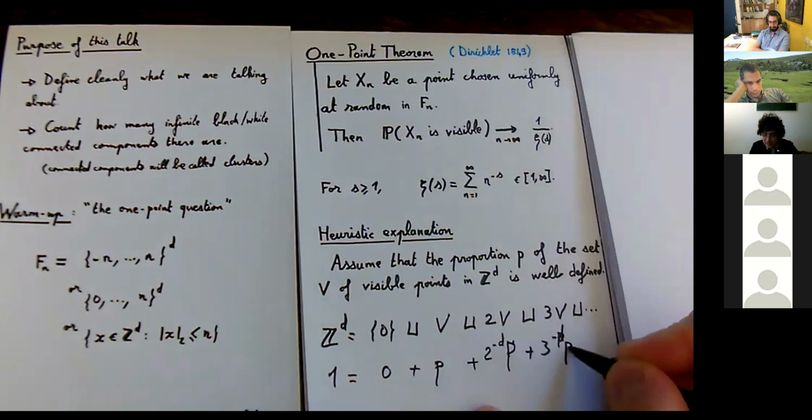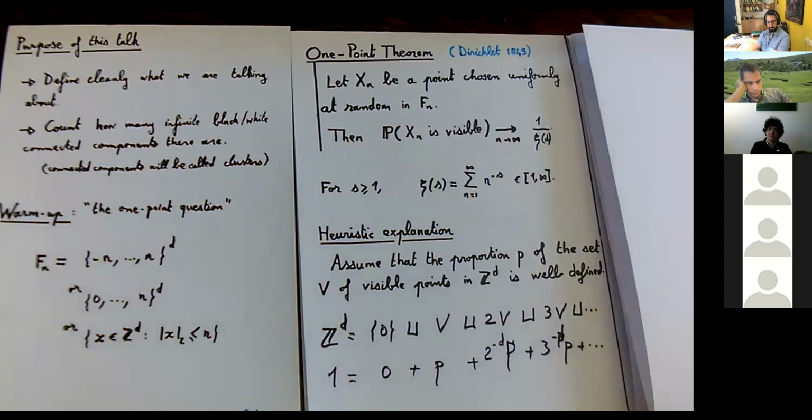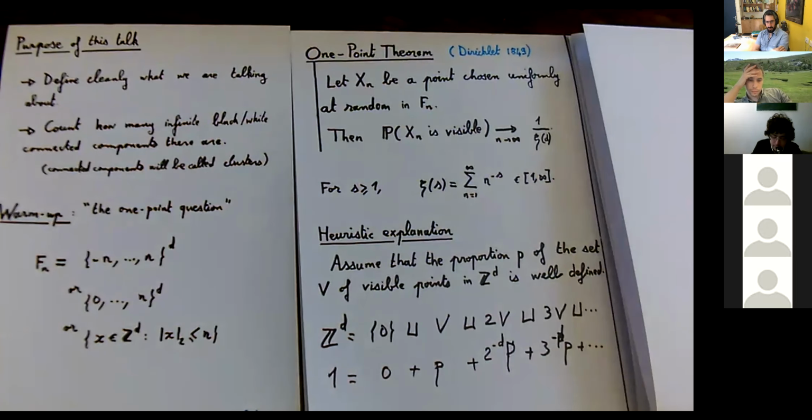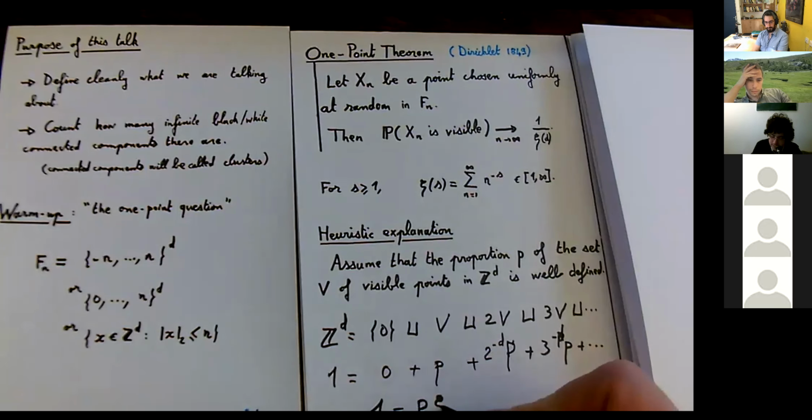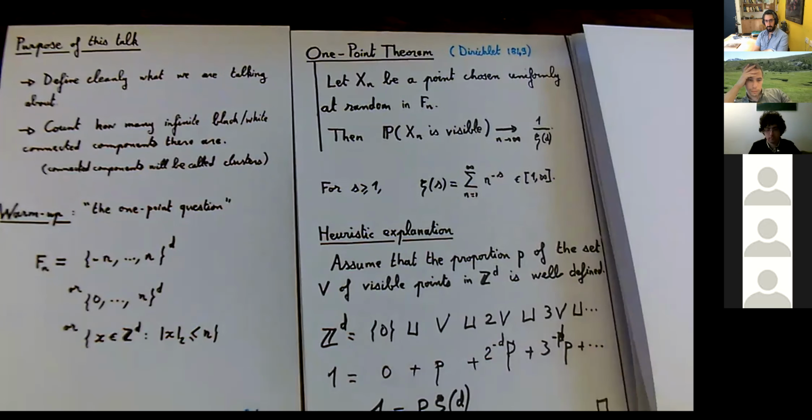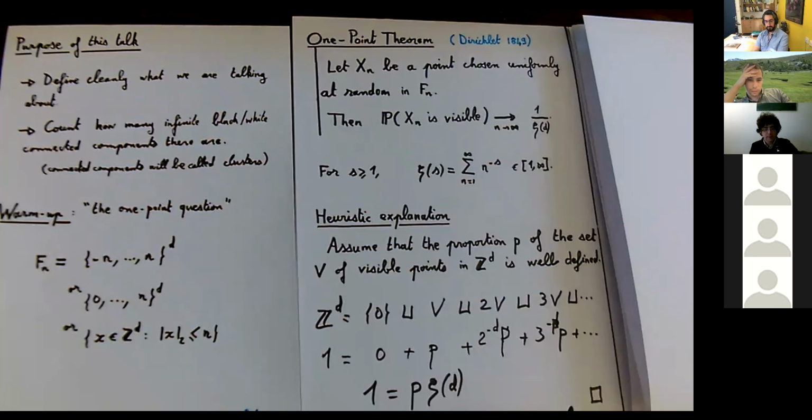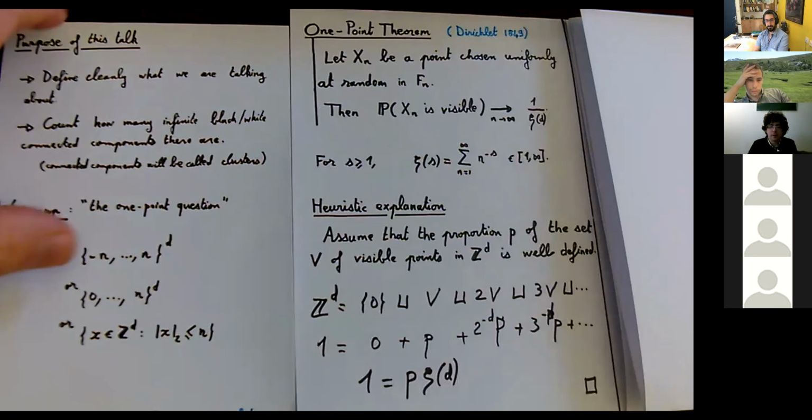Etc. So this is 3 to the minus d. Okay, and what we get is 1 equals p times zeta(d), which is exactly what we wanted. So this is a nice heuristic explanation.